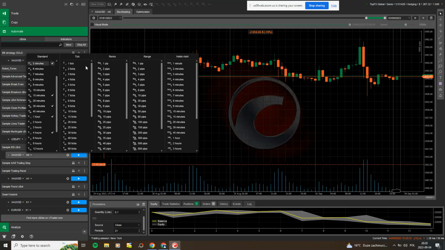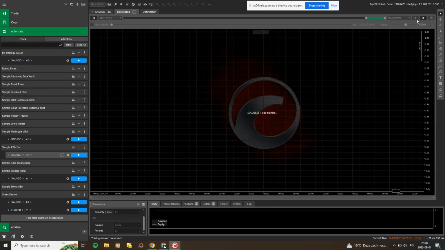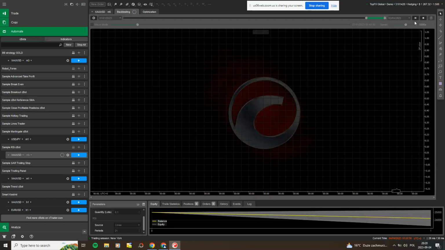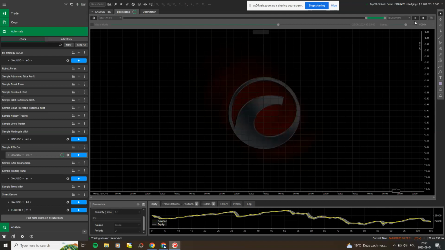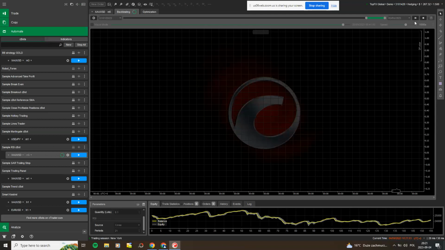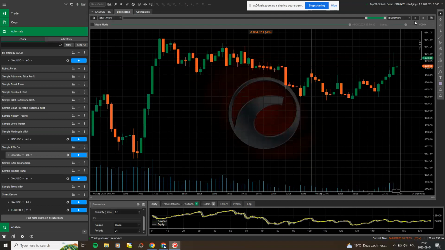Okay, let's see 5 minute. 5 minute time frame. Here we go. But the period is still 21. So as you can see, we are barely moving anywhere. Minus 4%. So generally, this is minus 4% with 21.